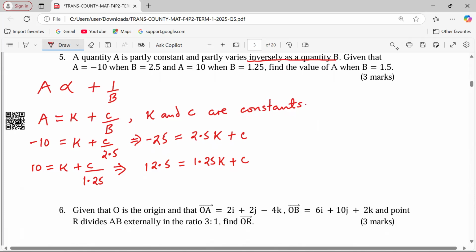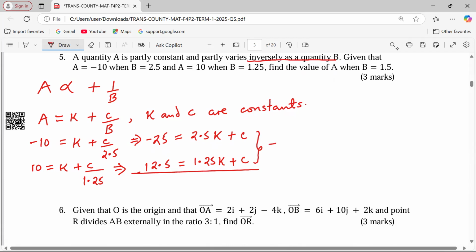So with equation 1 and equation 2, we can solve them simultaneously, whereby I shall apply what we call the elimination method. Looking at the value of C, we discover that the coefficients of C are the same in both equation 1 and equation 2.